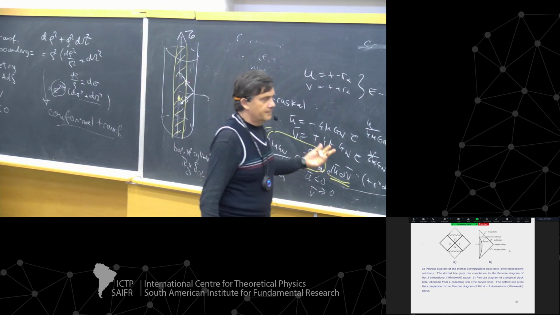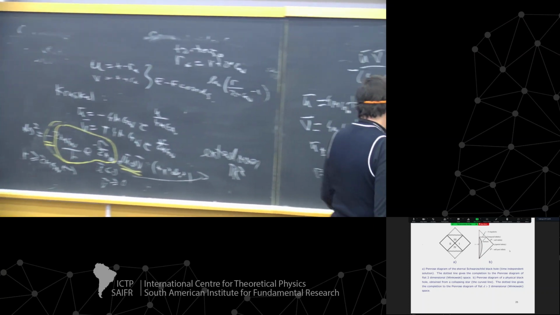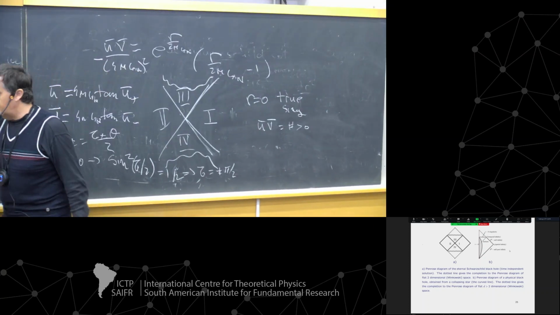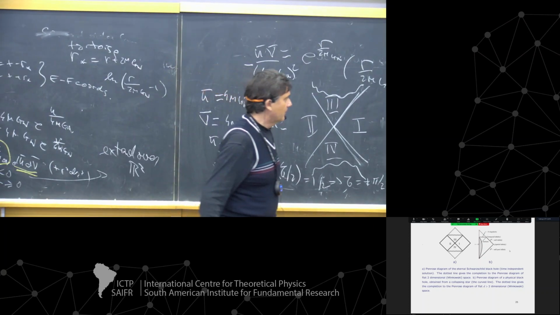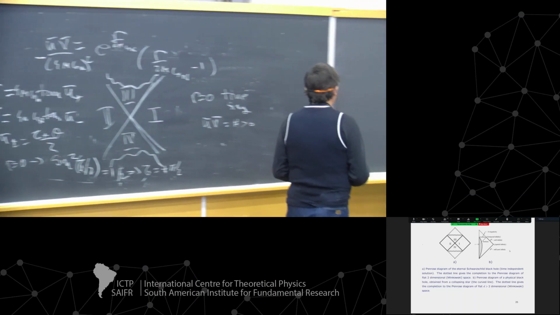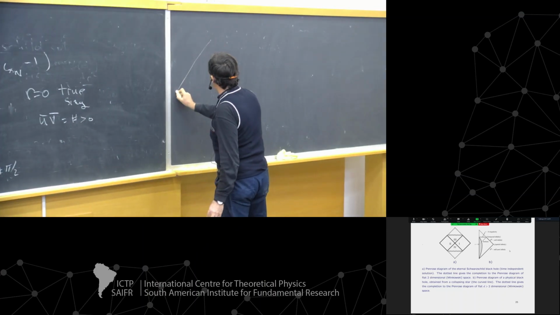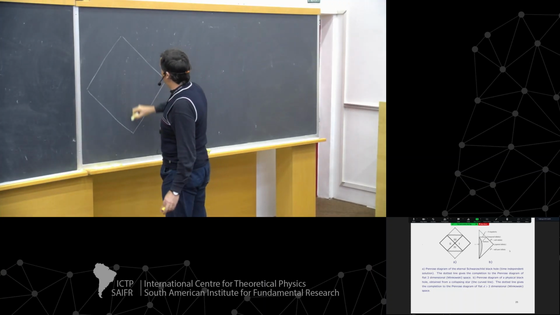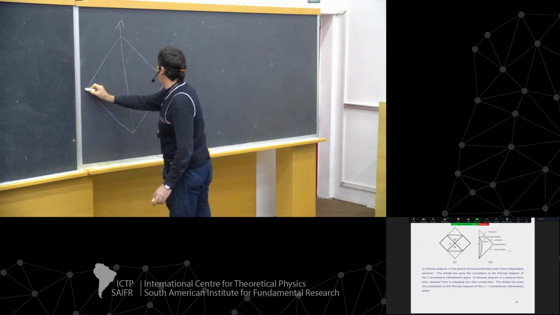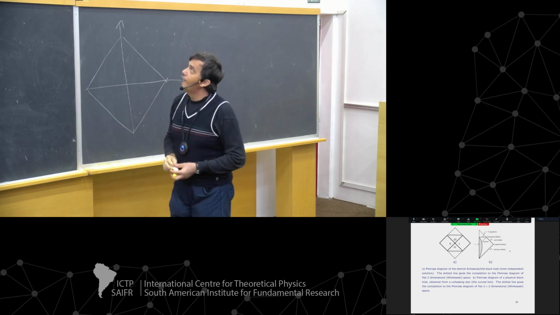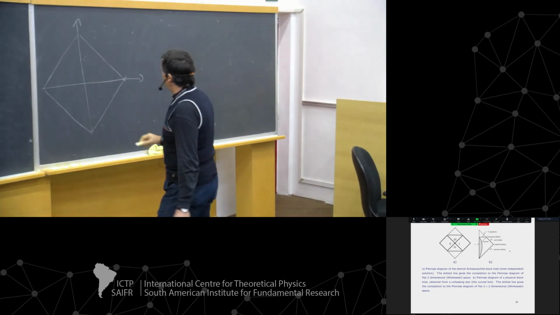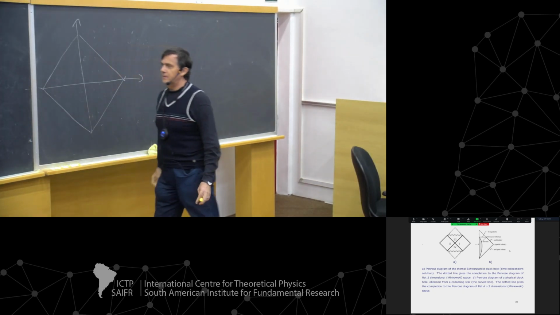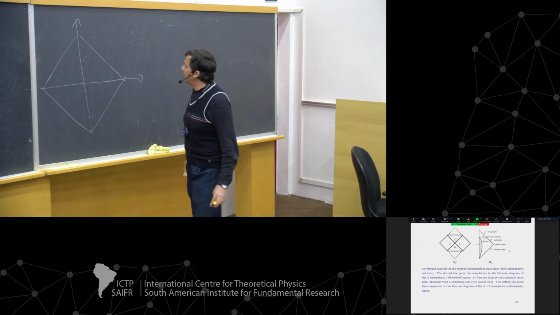So I have the same, and U bar and V bar were extended to the full real line. So I would draw the same diamond Penrose diagram.